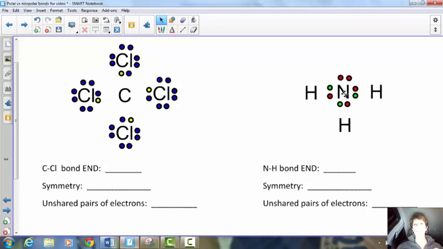So here's my nitrogen, my central atom. It has right above it an unshared pair of electrons. That means that this molecule is polar because it has both asymmetry and unshared pairs of electrons. This molecule over here, carbon tetrachloride, is a nonpolar molecule because it's symmetrical and it does not have unshared pairs of electrons on the central atom.